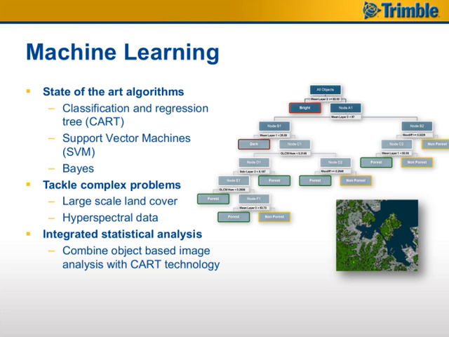With these supervised classification methods, it is now possible to tackle complex problems, for instance, to classify hyperspectral data. Bottom line, eCognition now offers an end-to-end workflow for sample-based statistical classification using CART and support vector machines, and it combines statistical classification approaches with the existing object-based image analysis technique.